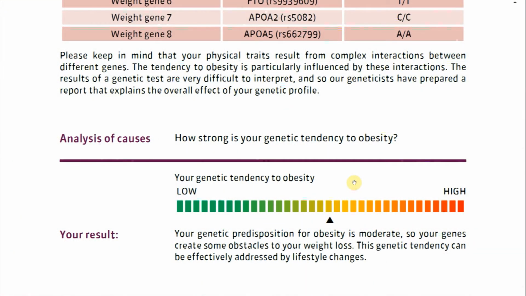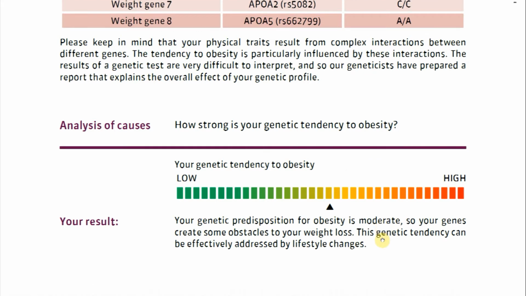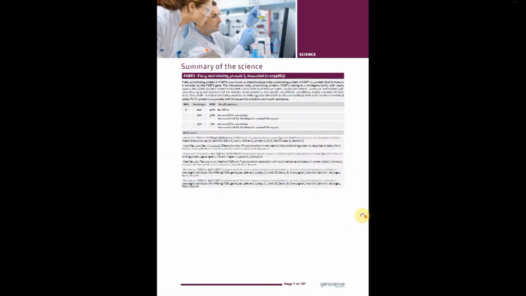So we found out why you're overweight, because you might be fat sensitive and you tend to eat a lot of fat and low carbohydrates. So if you're in this area, the good news is we now know how this genetic predisposition is happening, and we can counteract it. So we can change your lifestyle to balance out this genetic tendency. And if you're somewhere in the middle, it means it's partly due to your lifestyle and partly due to your genes. All right, then let's go on to the next page.